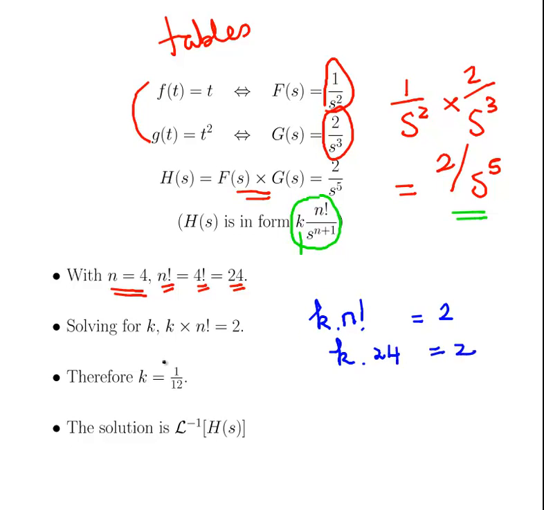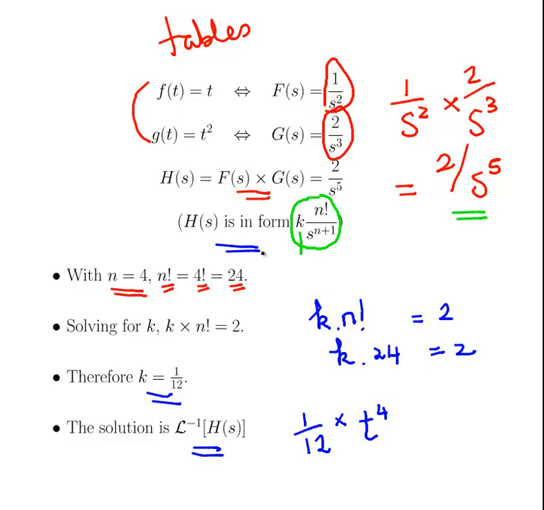That makes k 1/12. So the solution of the inverse Laplace transform is this, and that is k, so let's write it out here: 1 over 12 times t to the power of 4.